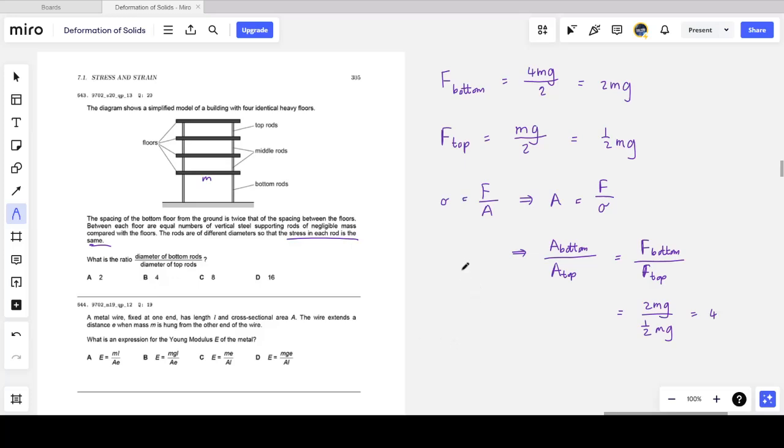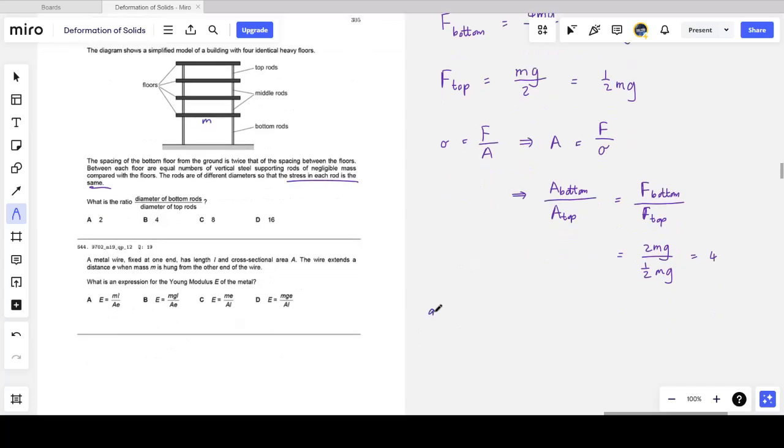And so what do we know? We know that area, let's assume these rods are cylindrical, and so they have a circular cross section. So the area is pi r squared, or 1 over 4 pi d squared, meaning the diameter d is the square root of 4A over pi.